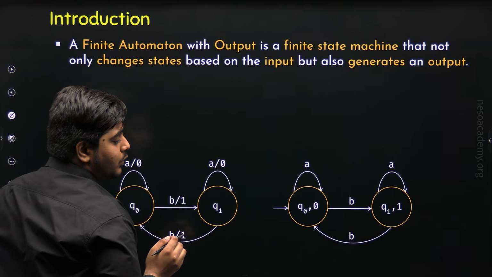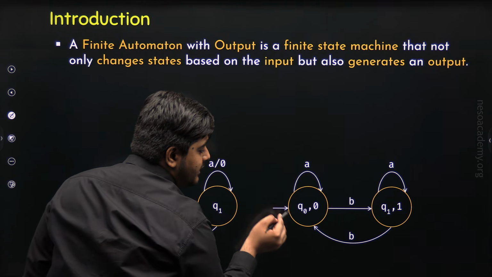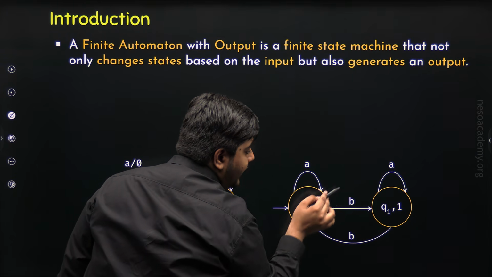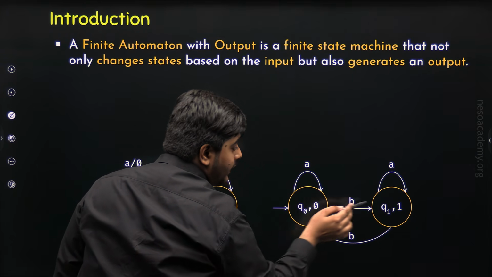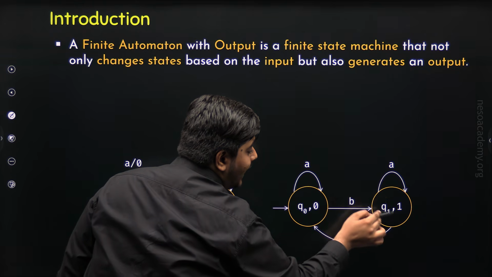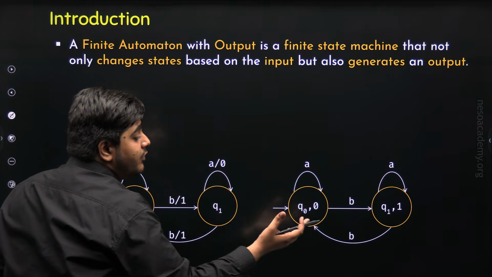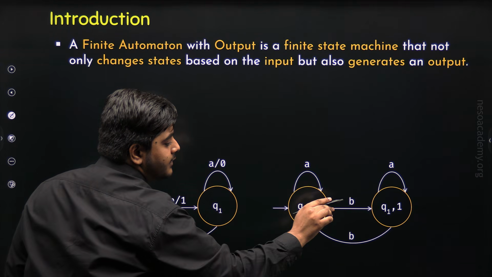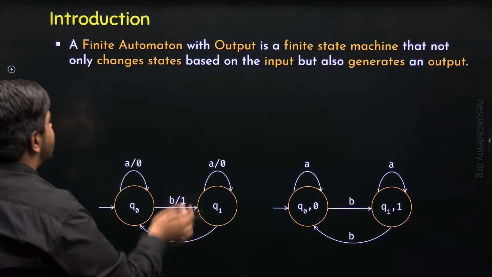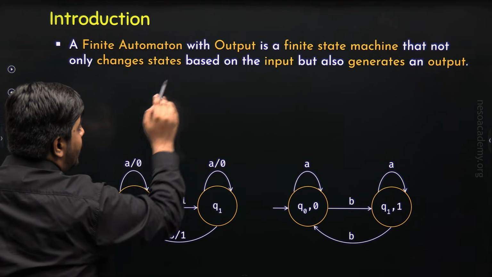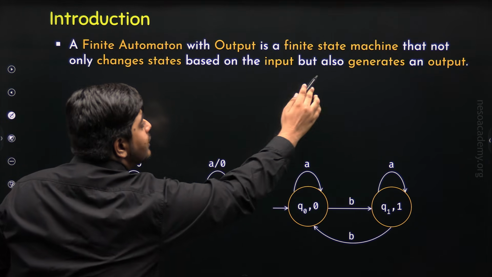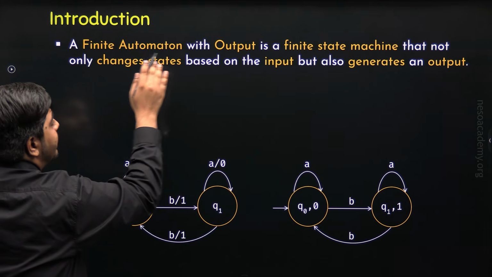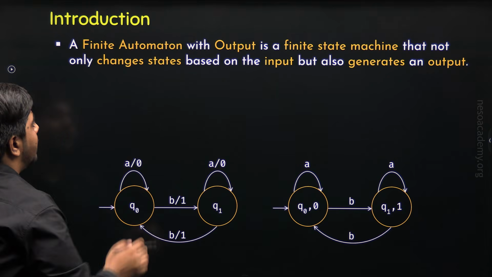In this diagram also, if you see, when there is a transition from the state Q0 to the state Q1 on getting input symbol B, then we have the output that is 1. So it is also generating the output symbols along with the change of states. That means it changes its state based on the input and also generates an output.